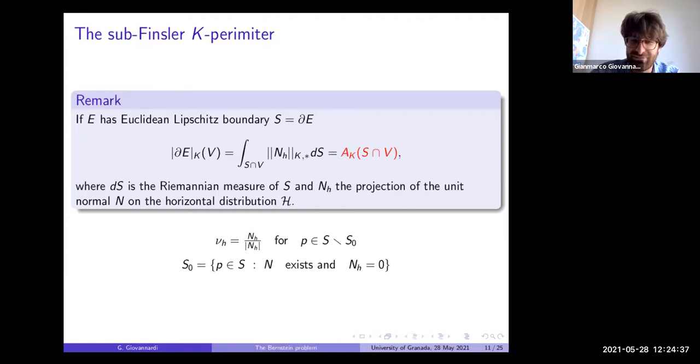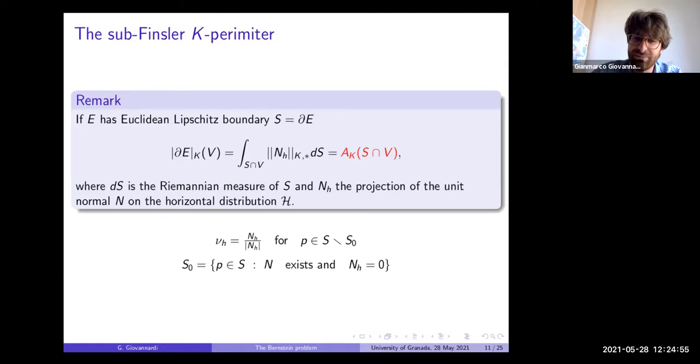And what is this area functional? It is the integral over the surface, we have our surface, the integral over the surface of the dual norm of the projection of the unit normal onto the distribution, integrated with respect to the Riemannian measure.